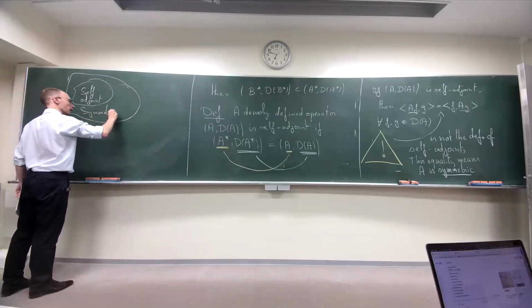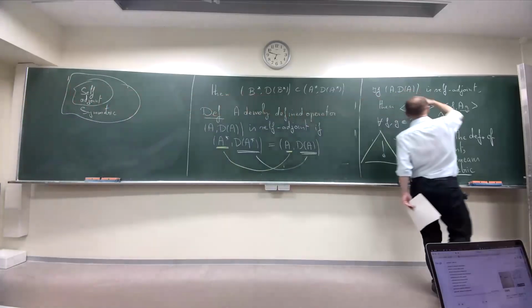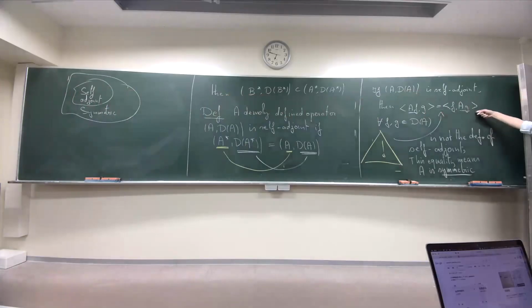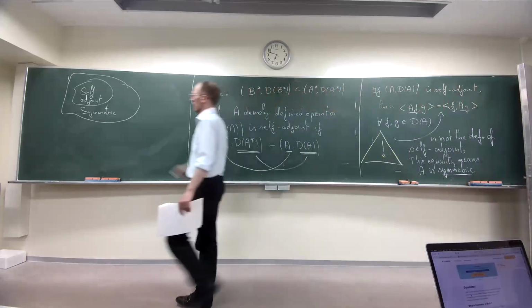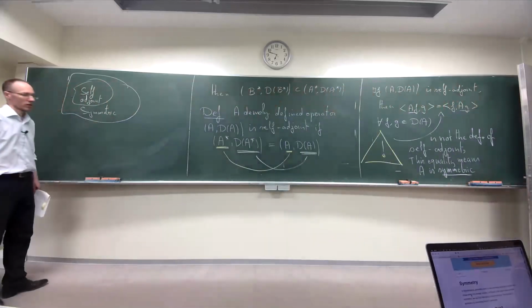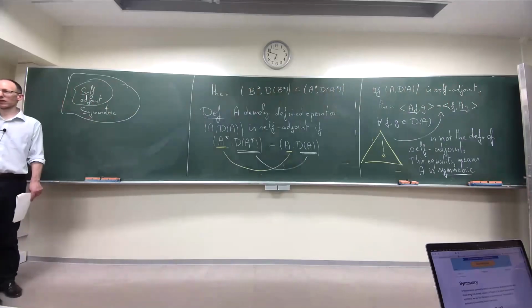Why is it bigger? Because, as I mentioned, any self-adjoint operator satisfies this, but the opposite is not true. So be careful, the condition of being self-adjoint is stronger than being symmetric.